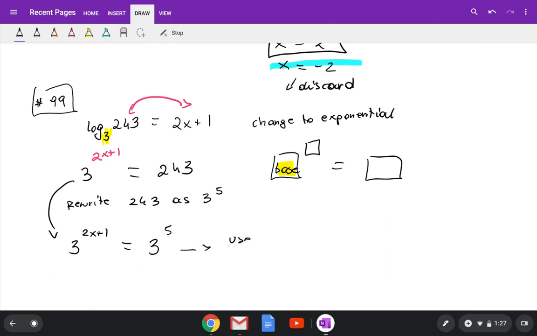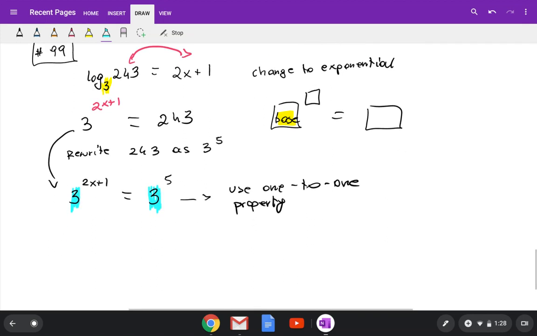use the one-to-one property. What that means is you can ignore the bases since they are equal, and you're only going to solve the equation using exponents. Since those expressions are equal and the bases are equal, the exponents have to be equal. So you're solving 2x plus 1 equals 5.